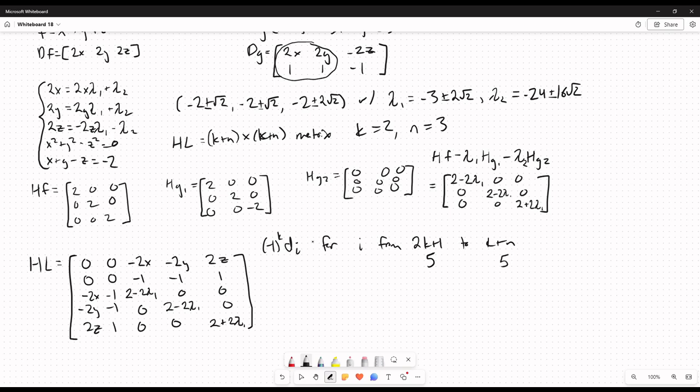So really, we're just looking at negative 1 squared, because k is 2, times d5. And d5 is just the determinant of the whole Hessian. So we're really just looking at the determinant of all of HL.